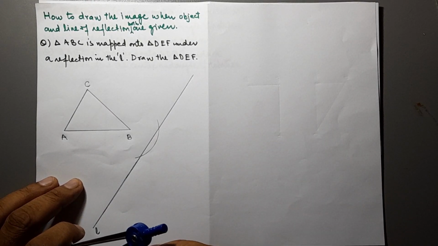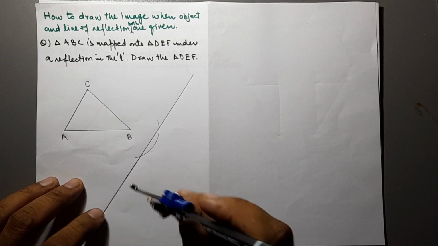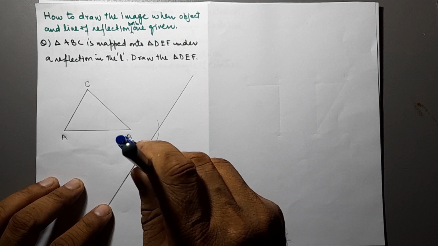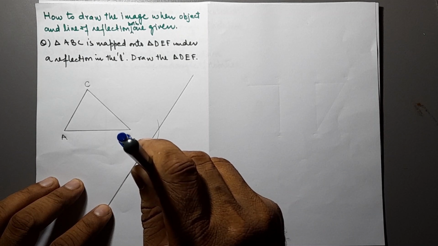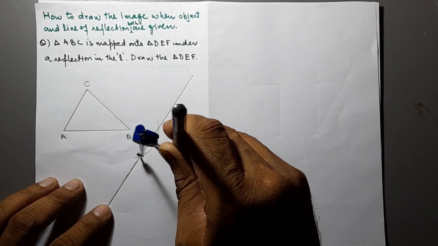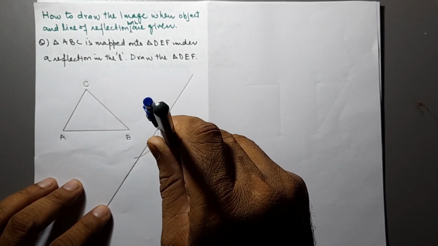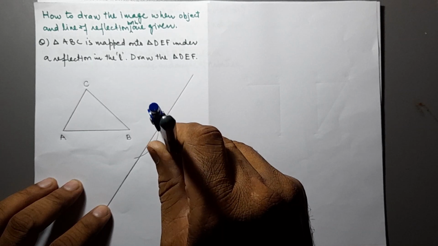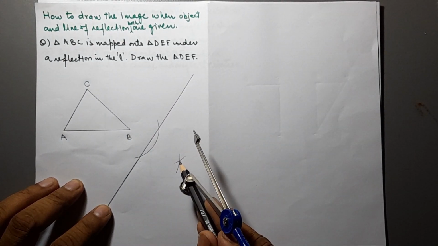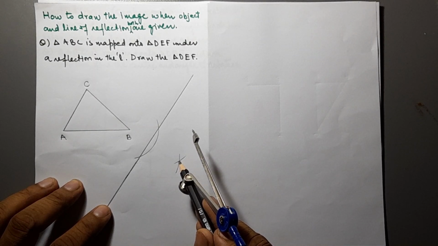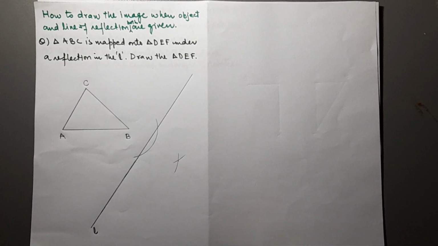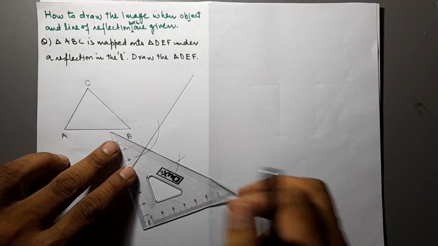Now I will draw two more arcs from these two points of intersection. I will join this point of intersection with B, and I will get the perpendicular from B to the line of reflection.